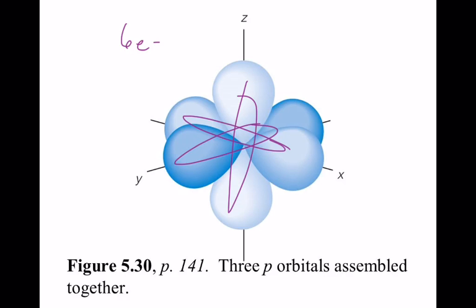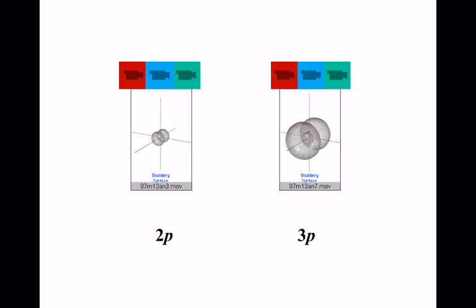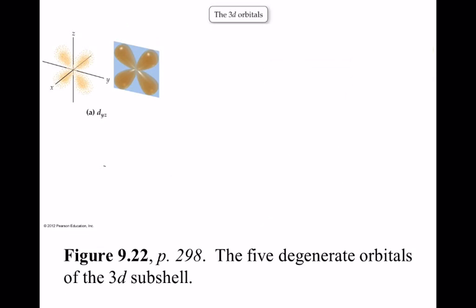So now when you go up to d's, they look weirder. So s's are spherical, p's are dumbbell shaped. d's are a little bit weirder, and f's are weirder yet. So here's the d. Now the d, we need to spatially be able to have clouds that accommodate 5 orbitals because it's a d type. And so there's one. Isn't that cool?